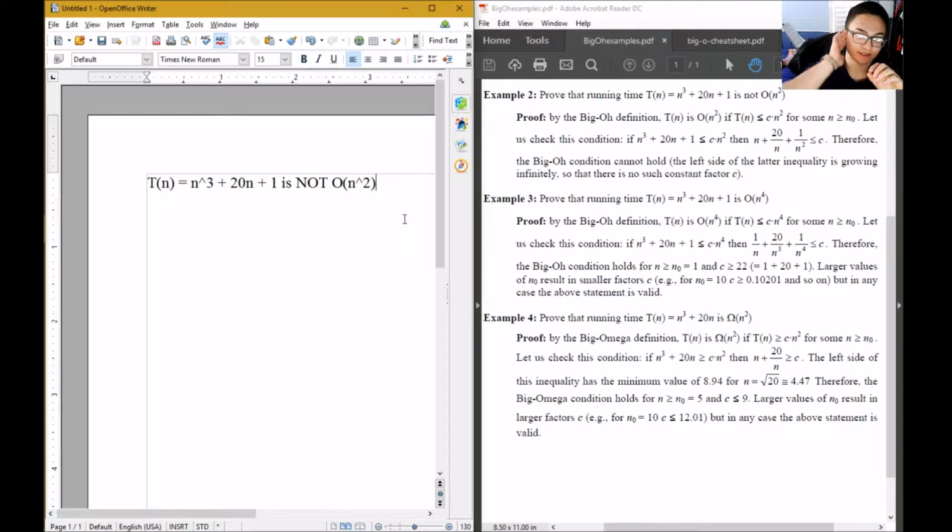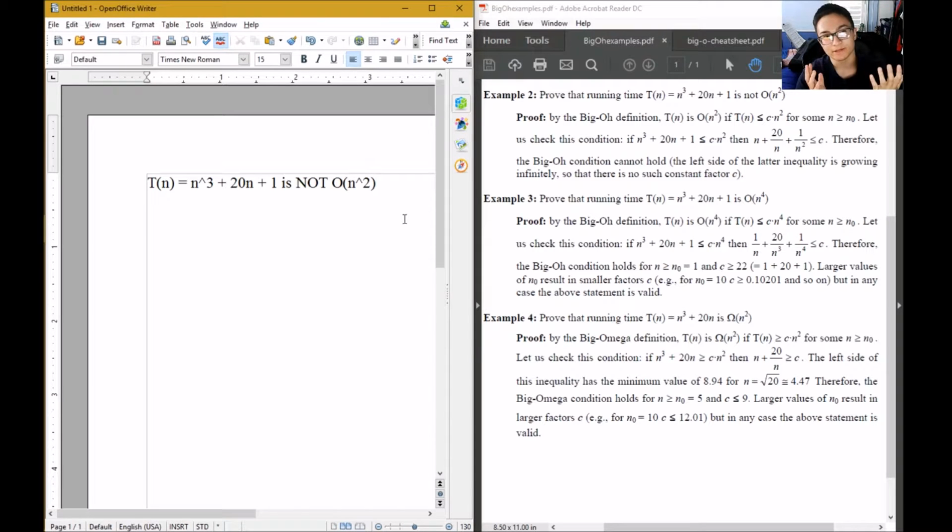If you just look at the example, you should be able to tell that n cubed is going to be the biggest growing factor of all of these. If we remove all the constants and just think of this in terms of n's, you'd be left with n cubed plus n to the 0th.